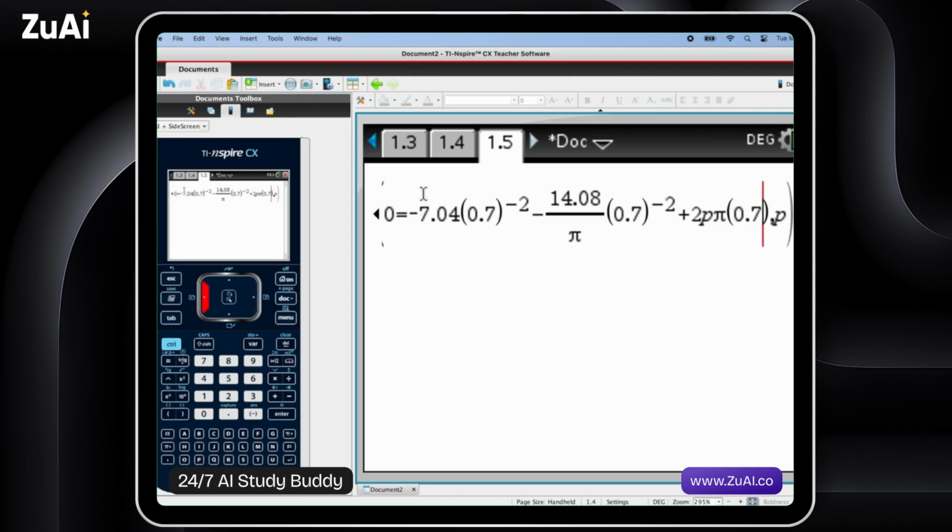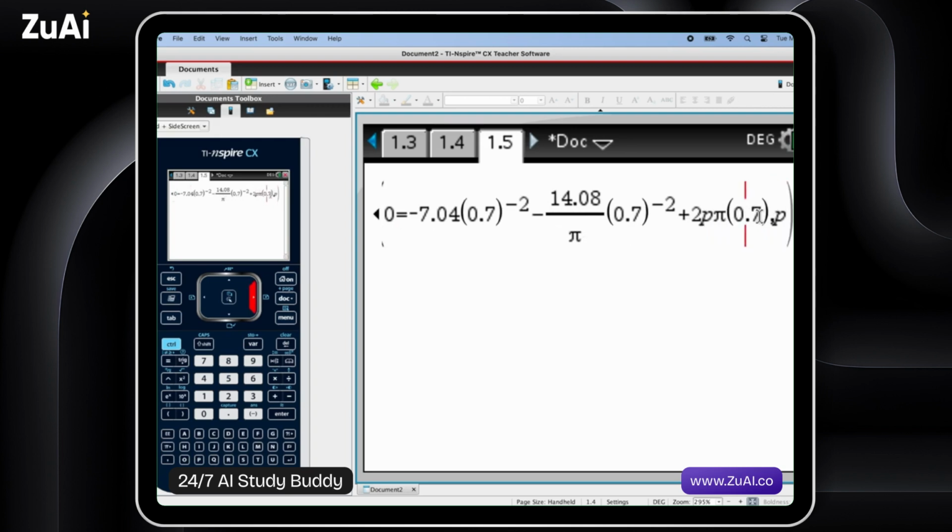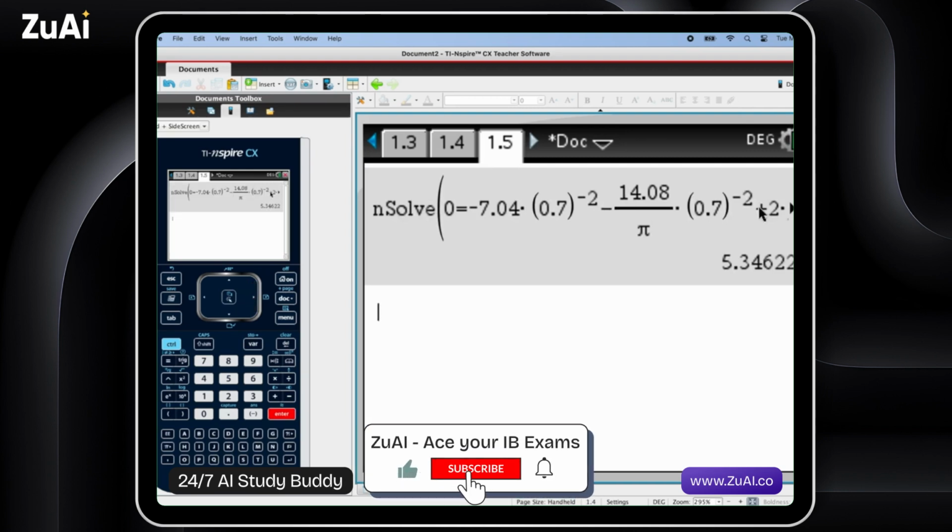So before I type this in, I'm going to double check just to make sure this matches what I wrote. So derivative of 0 is equal to negative 7.04, 0.7 to the power of negative 2, 14 pi, good, plus 2 pi, and this is 0.7 times p. Okay, there it is.